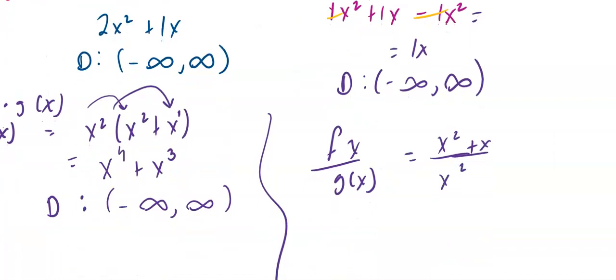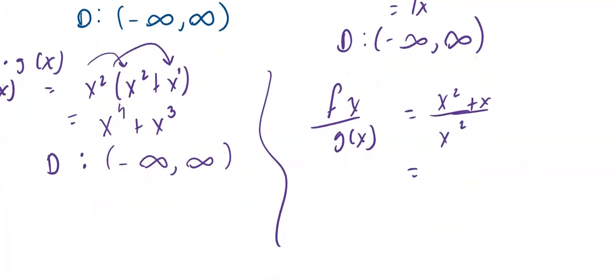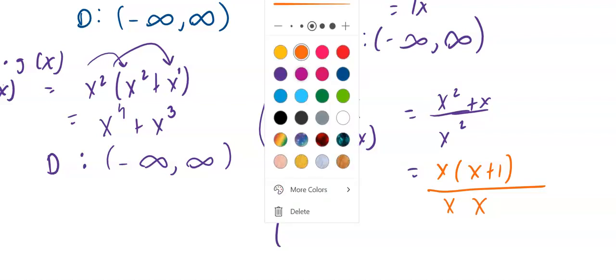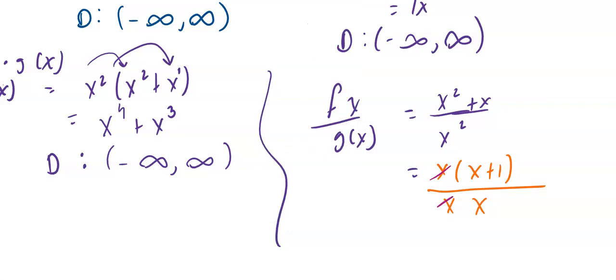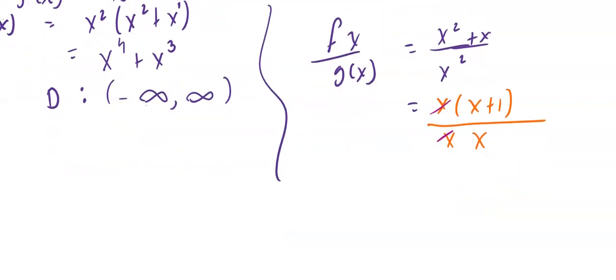All right, so I'm going to use the distributive property, take an x out of the numerator, and that leaves me an x plus a 1. And then I'm just going to break up for you to be able to see clearly that x squared into x times x. So that's really what it is. And once I do that, I can simplify this. X divided by itself goes to 1, and I can simplify that to x plus 1 divided by x.